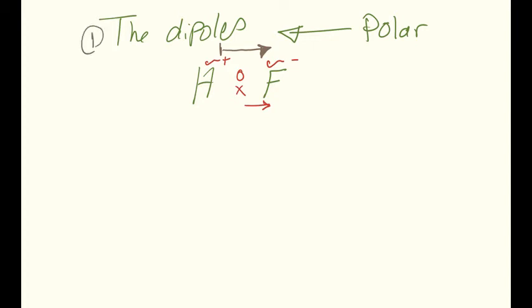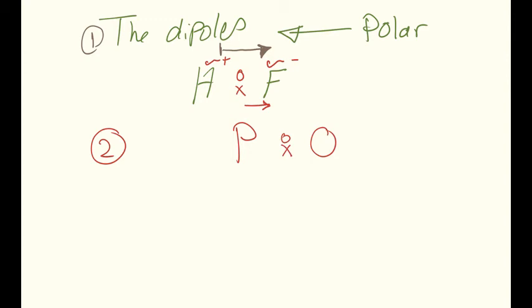Let's have another example. I prefer to keep the electronegativity table beside you to be able to answer this question more effectively. Let's see the dipole in P and O. If P and O are joining, the electron pair will be directed to the more electronegative element.